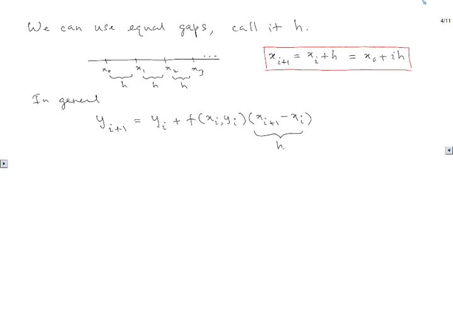So your formula you can write as simply yi plus h times the slope at the previous step, f(xi, yi). So then you can write a formula.